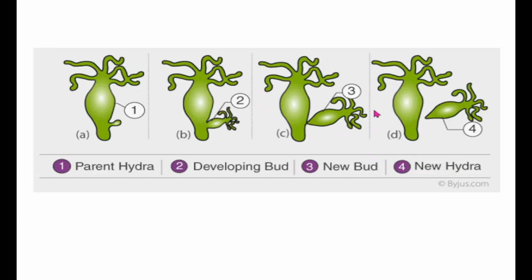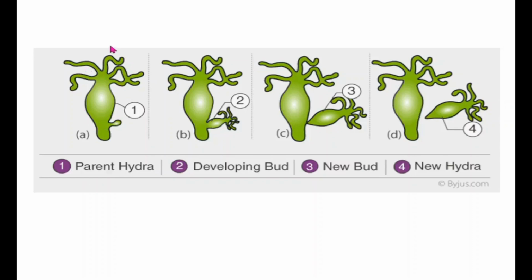This is a kind of budding. This is a parental hydra, a kind of organism. Here you can see a bud. When you remove this part, this part will be considered as one organism finally.